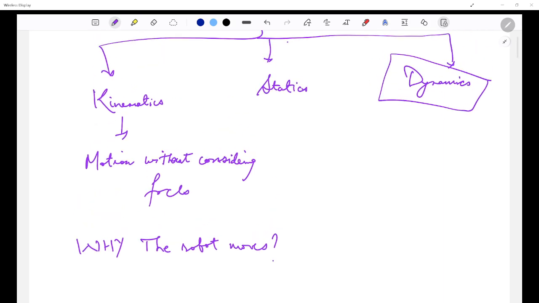Okay, but in dynamics we are actually interested in studying the motion caused by forces and torques.